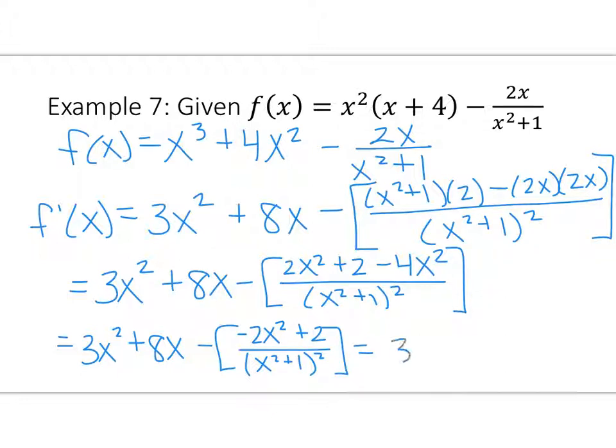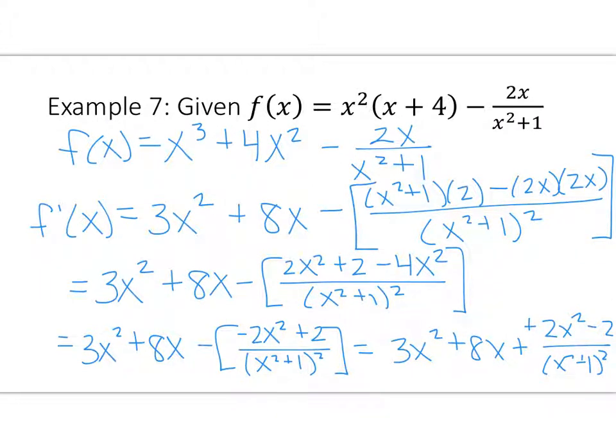When I distribute my negative, I'm going to have plus 2x squared minus 2 over x squared plus 1 squared. I could get common denominators and put it all together. We're going to stop there.